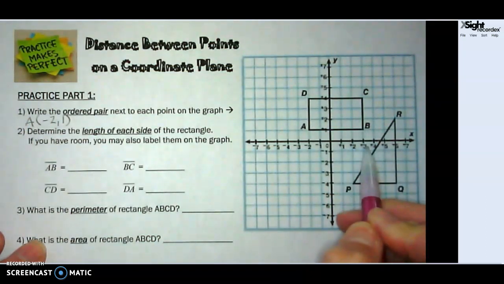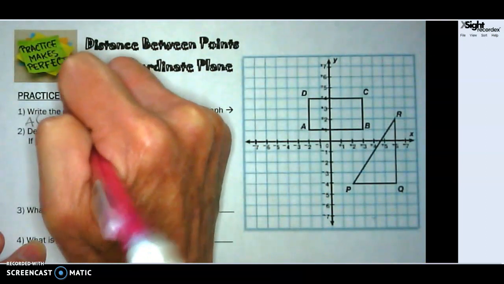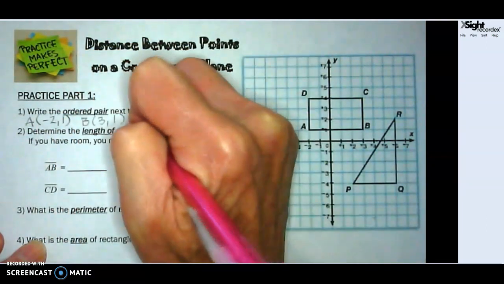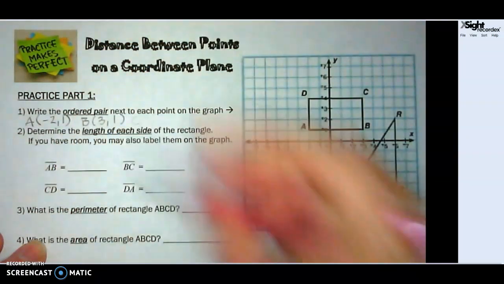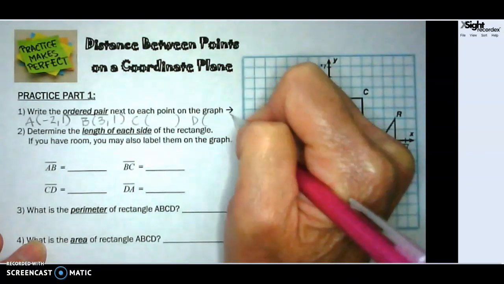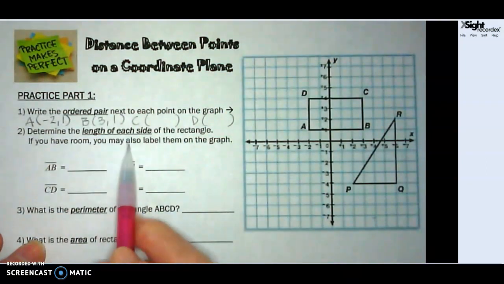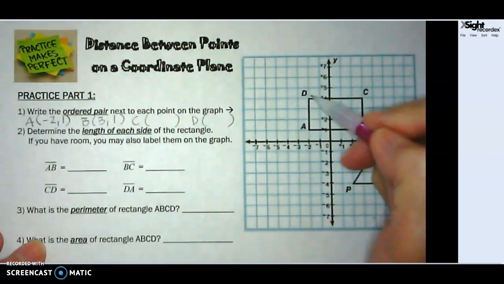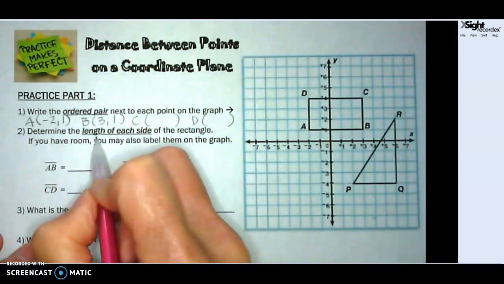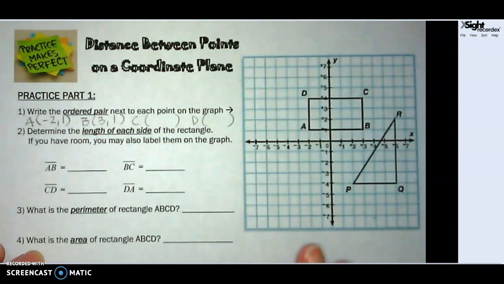B is +3, +1. And C, and you would want to write the ordered pairs for all of those. And then when you are asked to determine the length, certainly you can count, but I'd like for you to try to look at absolute value as well.